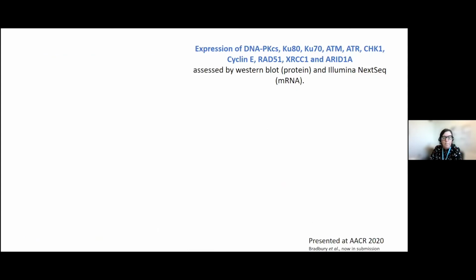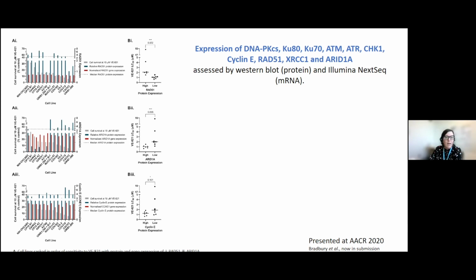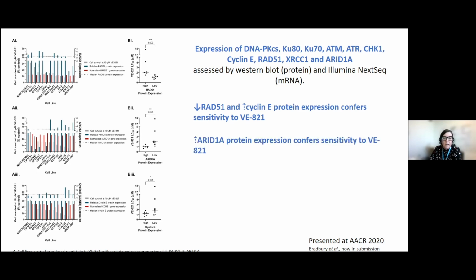In terms of biomarkers of response, we looked at expression of the common genes and proteins that we talked about that might indicate a response, looking at protein expression by Western blot and mRNA expression by Illumina next generation sequencing. I'm not going to show you all of the data, but interestingly, the only things that came out of interest were reduced RAD51 expression and increased cyclin E1 protein expression conferring sensitivity to VE821, which you might expect.